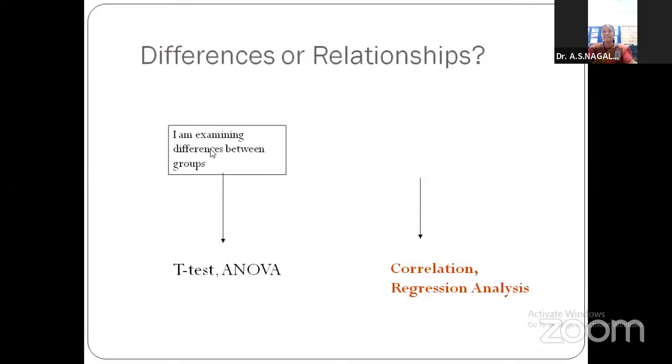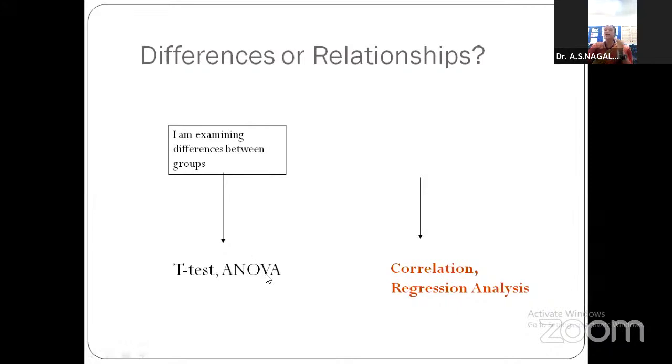If I am examining the differences between groups, for a t-test, one independent variable must be categorical with 2 options, that is, a dichotomous question. So I'm going to examine the differences between 2 groups, where one variable is categorical and the other is continuous. I can apply a t-test.